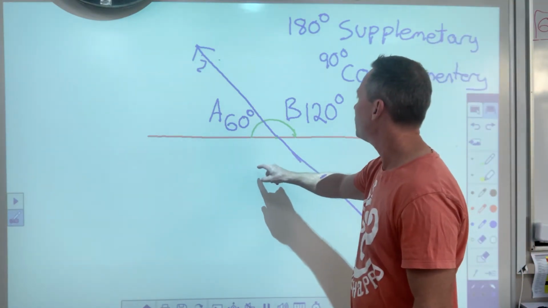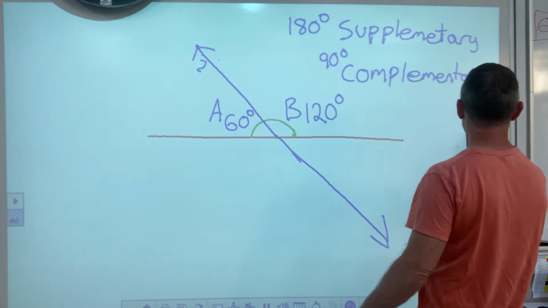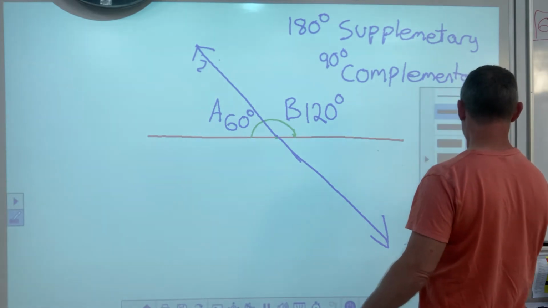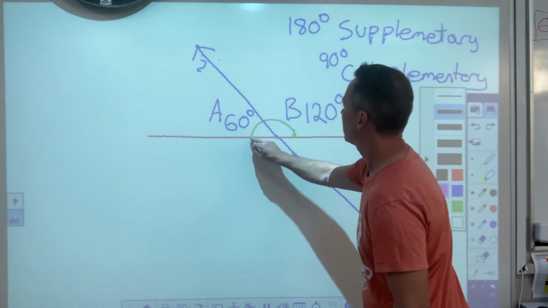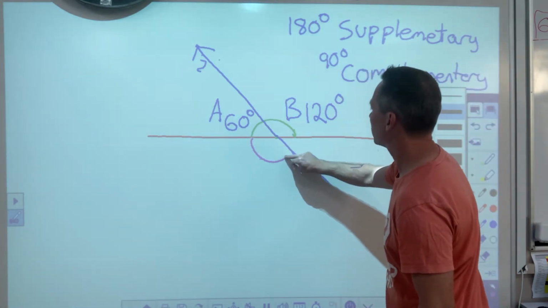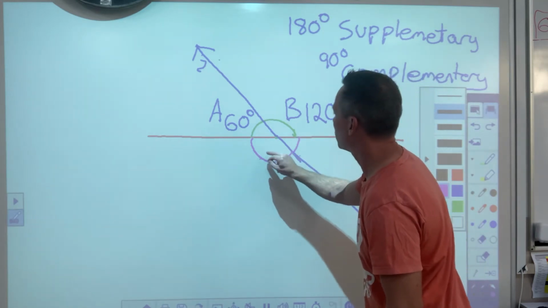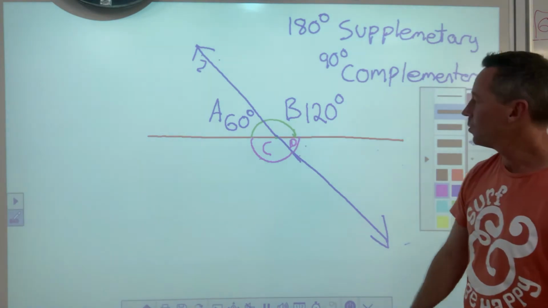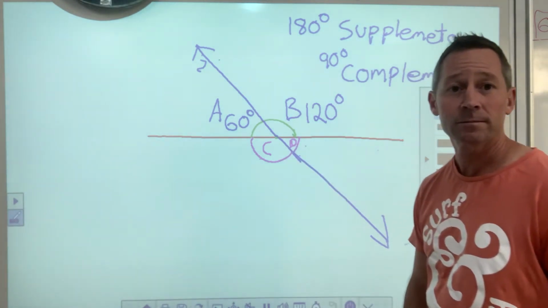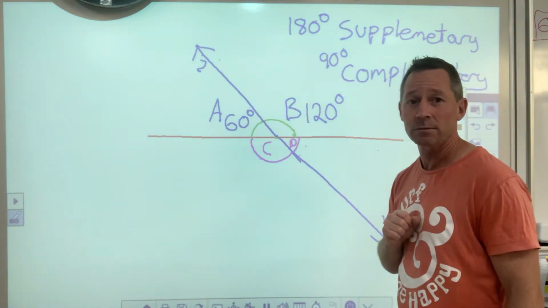So my question to you is, I want to know what this angle is here. So I'm going to call angle C and angle D. What would angle C equal? What would angle D equal?